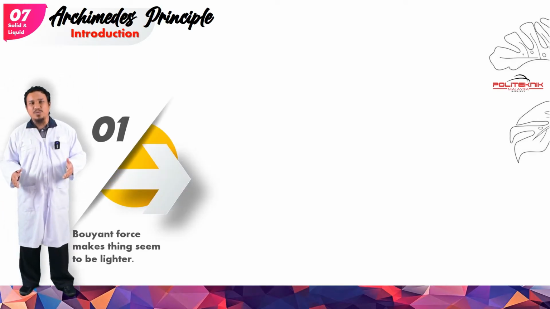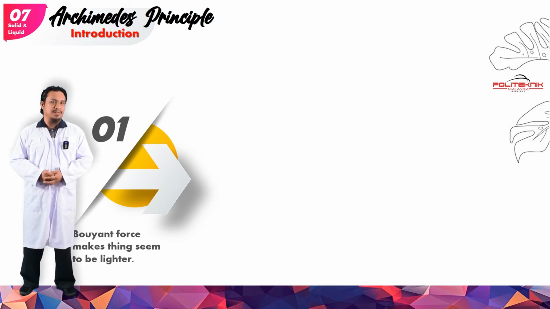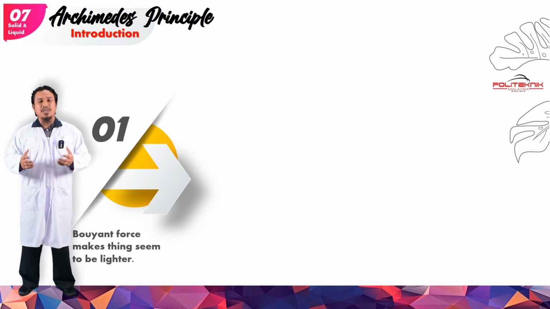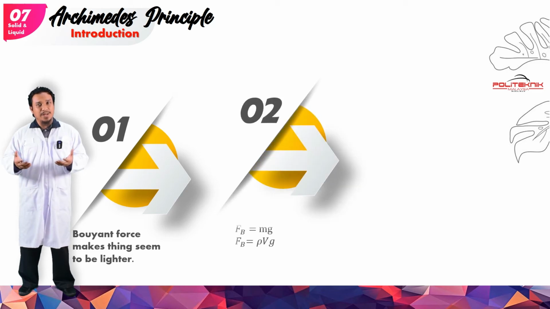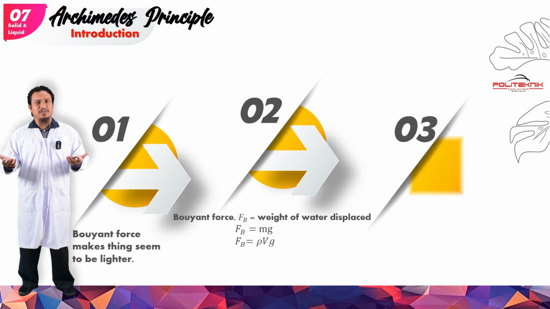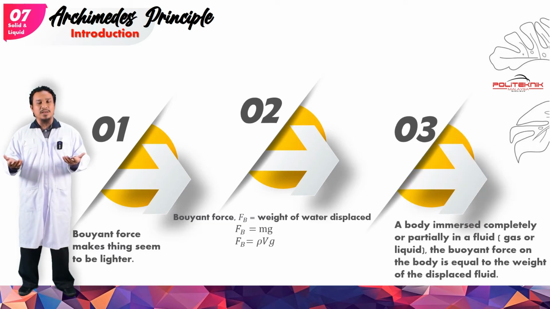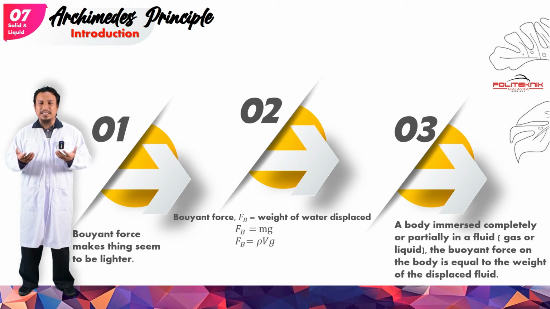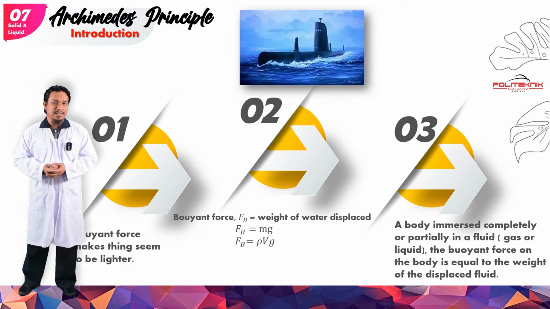Next, we move on to Archimedes' principle. A body immersed completely or partially in a fluid, be it gas or liquid, the buoyant force on the body is equal to the weight of the displaced fluid. Meaning that buoyant force makes things seem to be lighter.